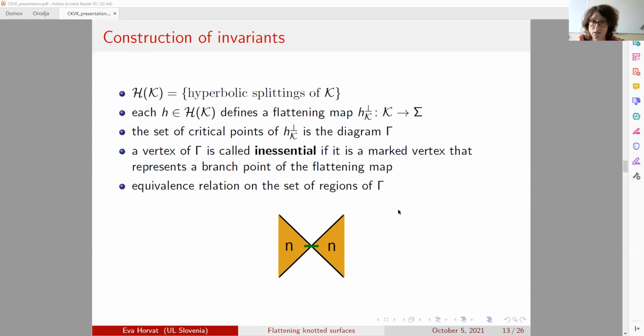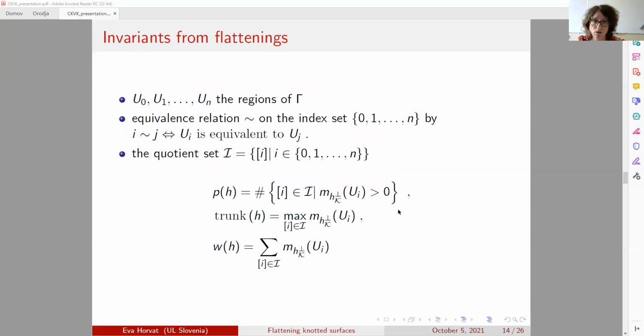So this defines an equivalence relation on the set of regions of the marked graph diagram. And in this figure here, you can see two colored regions that become identified, so that are equivalent. And in two equivalent regions, the flattening map always has the same multiplicity.